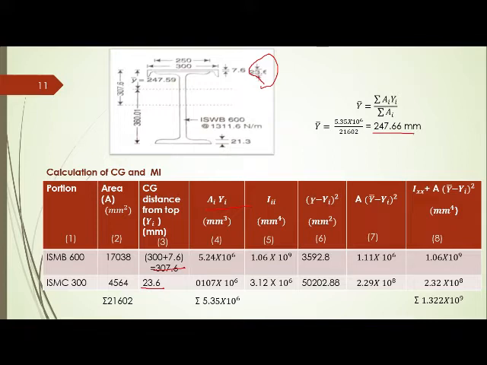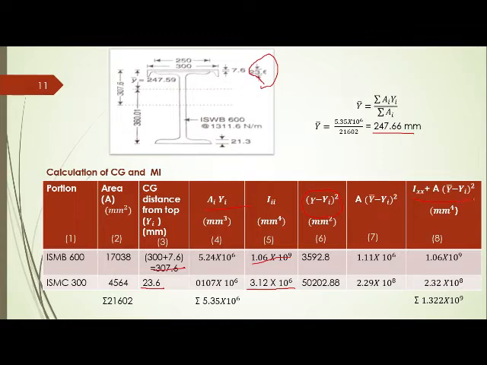In the next step, in the fifth and sixth columns, we have copied the value of the moment of inertia from the table, and we have calculated (y bar minus yi) whole square. This is an element of the parallel axis transfer, which is required because the centroidal axis of the single section does not match with the CG of the compound section. So here we have calculated the parallel axis transferred moment of inertia.